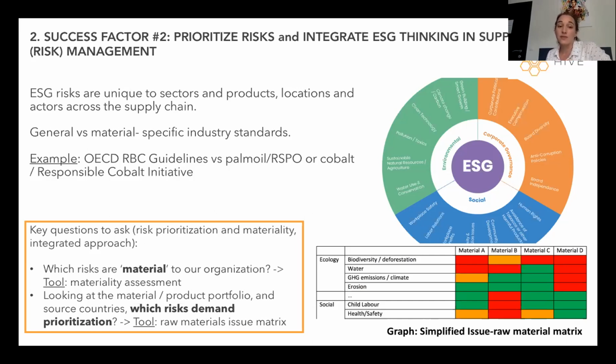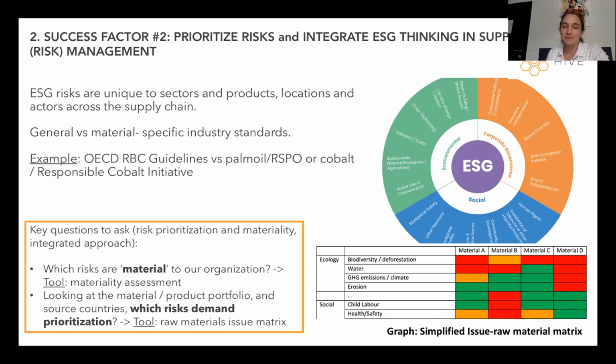Of course, the different industry standards are also very useful to get a better perspective on risks. So on cotton, we have Better Cotton Initiative. On palm oil, the Roundtable on Sustainable Palm Oil. In minerals, there's really a spaghetti bowl of standards as well.